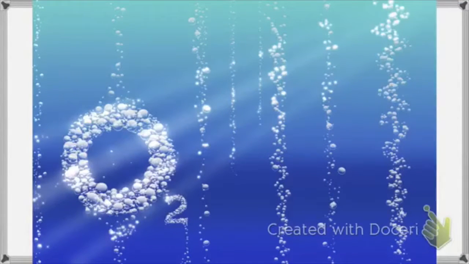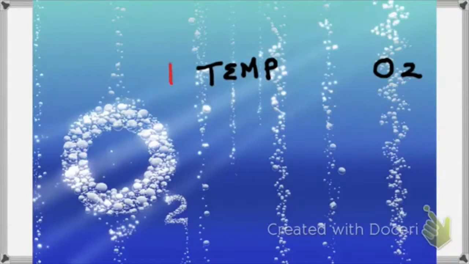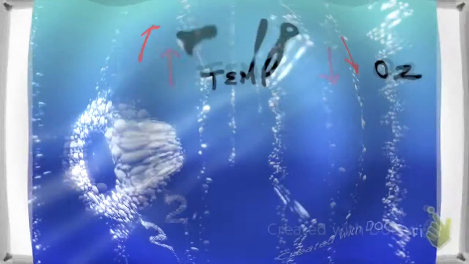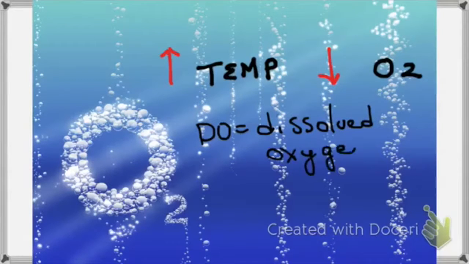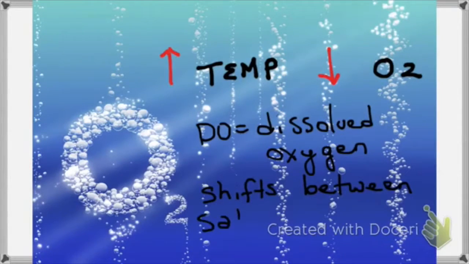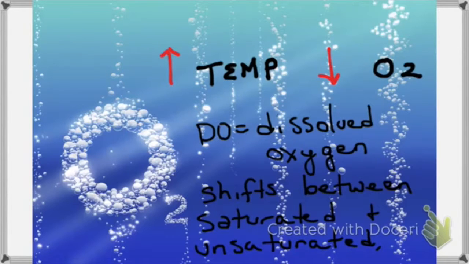For example, when temperatures go up, dissolved oxygen levels go down. That's called an inverse relationship. The equation actually shifts to a less saturated state because the warmer water cannot hold as much oxygen as cooler water can.